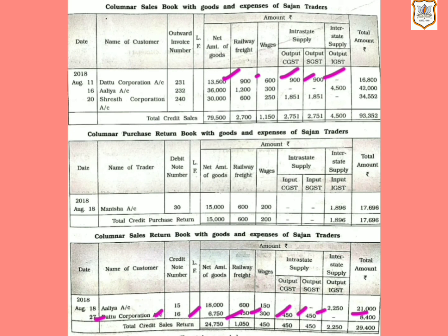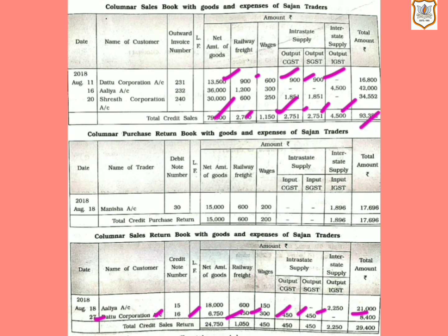Here we will get 79,600. Then railway freight 2,700. Wages column 1,150. Then output CGST 2,751. Output SGST 2,751. Output IGST 4,500.